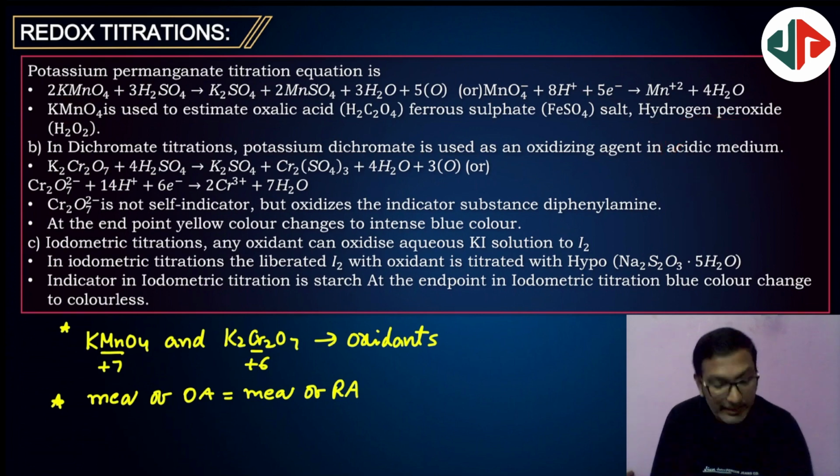So it can be used to estimate different compounds. See here, potassium dichromate in acidic medium changes to Cr2(SO4)3. That means Cr3+. Therefore, n factor will always be 6.